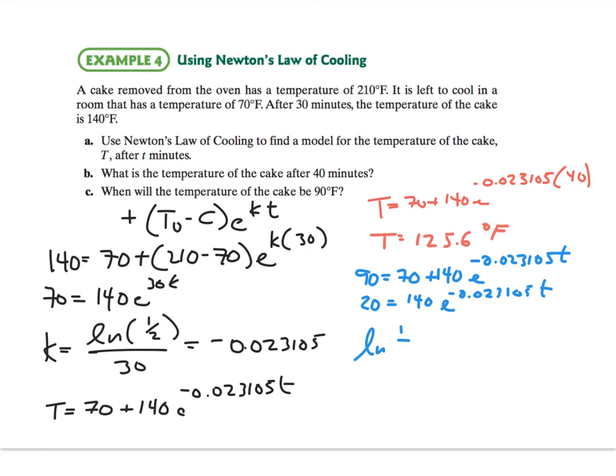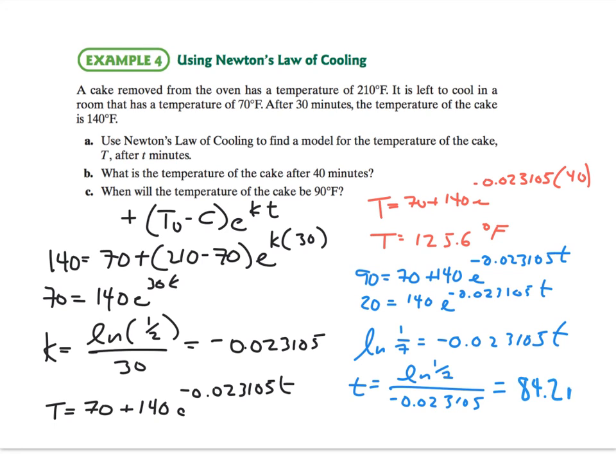So the ln of 1/7 is equal to negative 0.023105 t. So t has to be equal to the ln of 1/7 divided by our k value, which is equal to 84.2 minutes. So that's the total time it takes for a cake to cool down to 90 degrees.